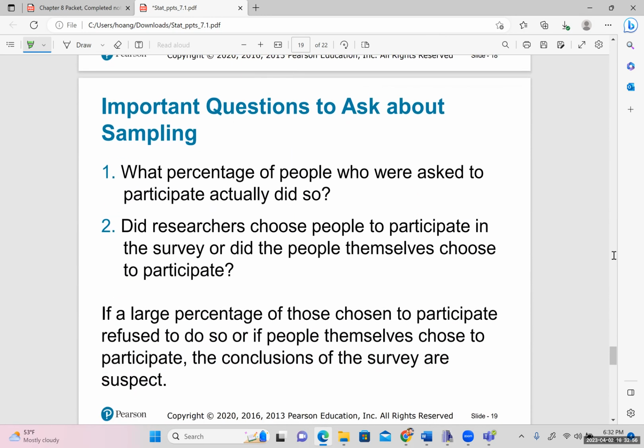So here are some important questions to ask about sampling. What percentage of people who were asked to participate actually did so?